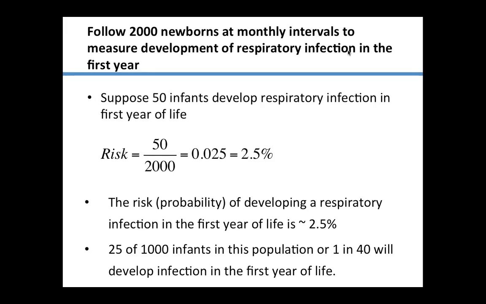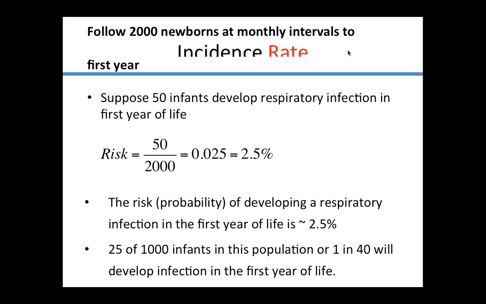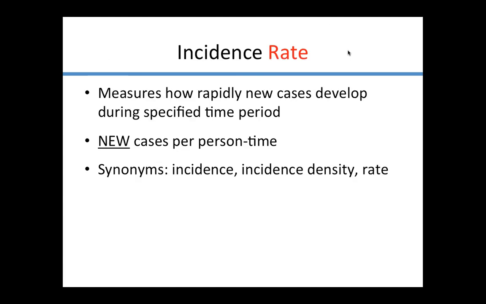And of those, 50 developed new respiratory infections in the first year of life. So 50 divided by 2,000 is 0.025, which is 2.5%. So the risk of developing a respiratory infection in the first year of life in this population, and again it's specifying the time, first year of life, is 2.5%.